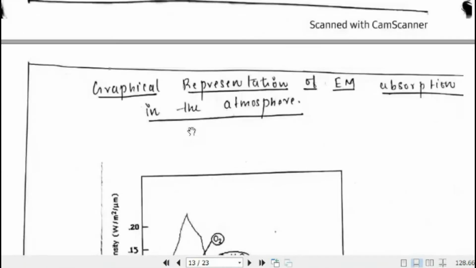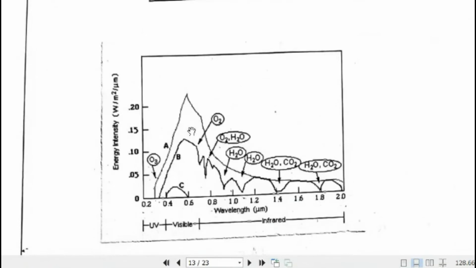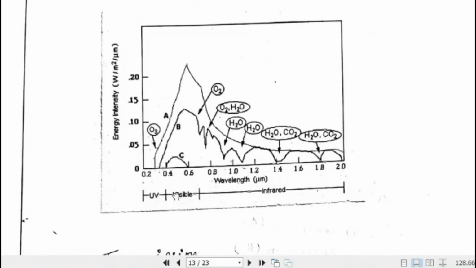And next we are going to see how the absorption happens to the light energy based on a schematic diagram. Here you can see the x-axis is the wavelength and the y-axis is the intensity of energy.